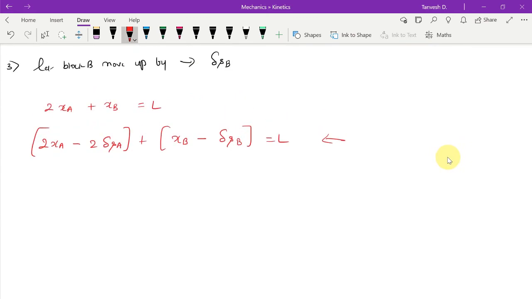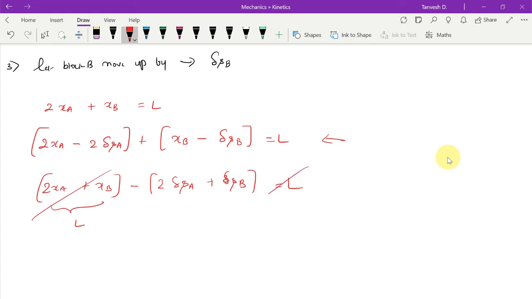So what we can say from here is 2XA plus XB minus of 2 delta SA plus delta SB is equal to L. Now this term is actually L, so both of them will get cancelled. So what we can understand from here is 2 times delta SA is equal to negative of delta SB.